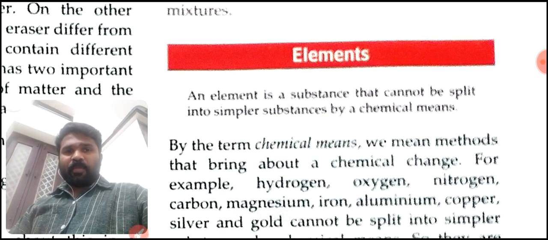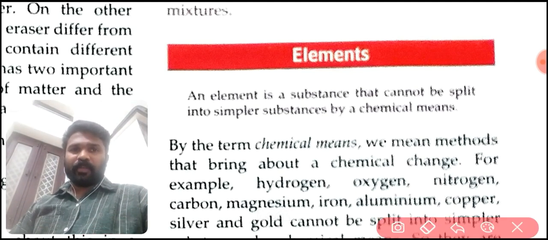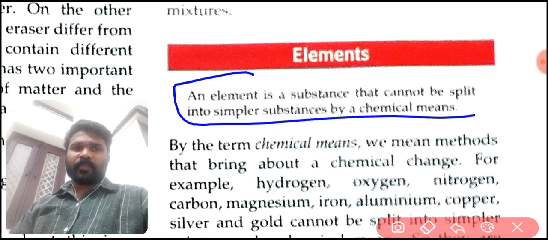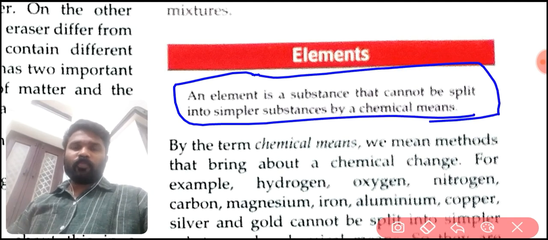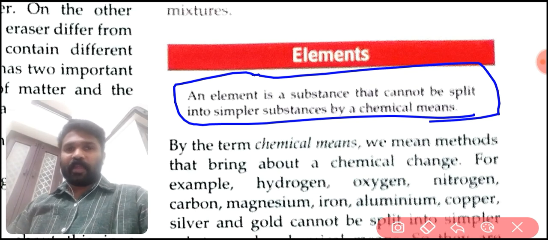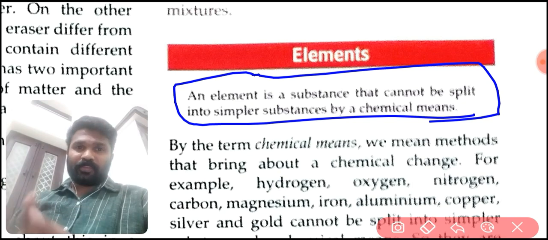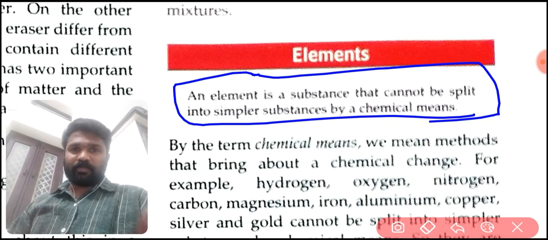What is the definition of an element? An element is a substance that cannot be split into simpler substances by chemical means. We cannot divide the element into 2 or 3 pieces by the physical method or by the chemical methods.